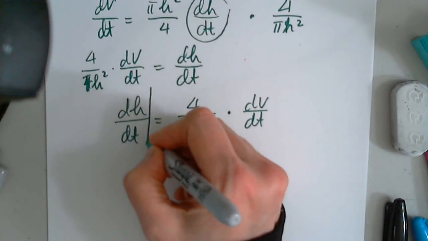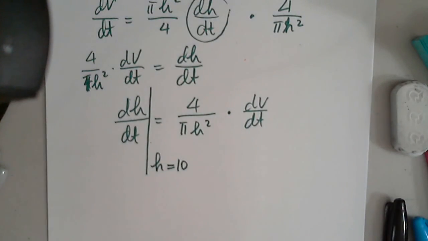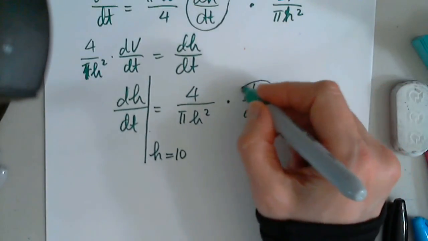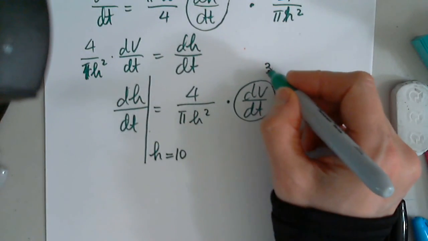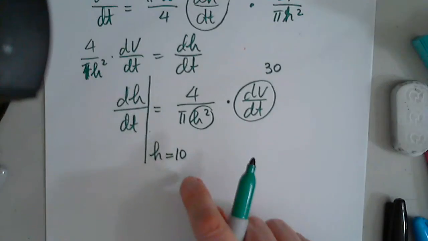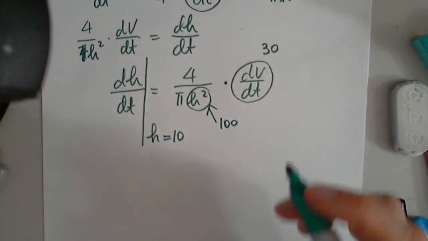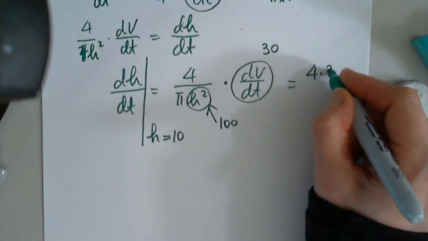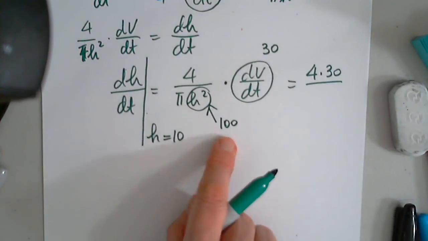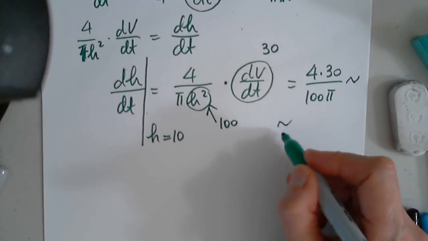And now, only now, I would say when h equals 10 feet. This was given to us as 30 cubic feet per minute. And this now is 100. So now I can continue with 4 times 30 divided by 100 pi. And I will approximate.